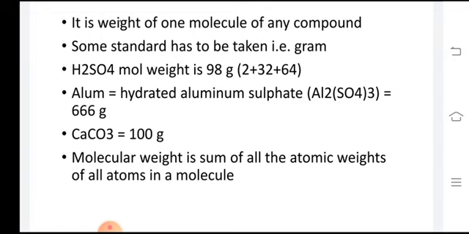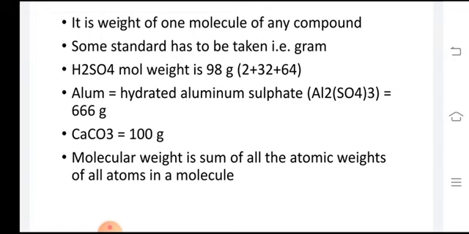This is how we can find out different molecular weights. Similarly, we can find the molecular weight of calcium carbonate. Calcium has 40, carbon has 12, and oxygen has 16.